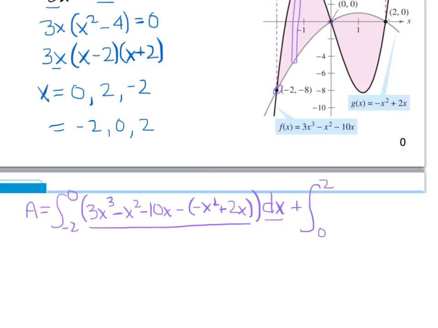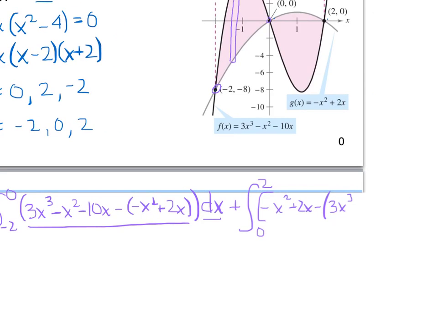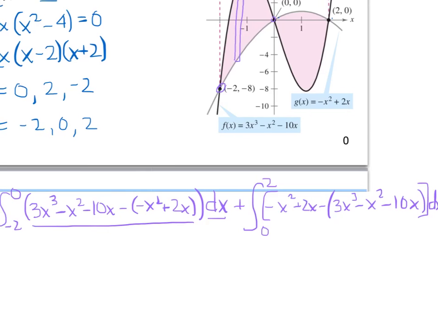Now I said that g of x was actually greater, so I'm going to start out with negative x squared plus 2x, and I'm going to subtract 3x cubed minus x squared minus 10x, and then multiply this whole thing by dx so that I can find my area.